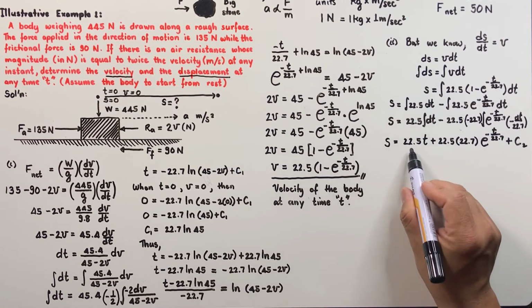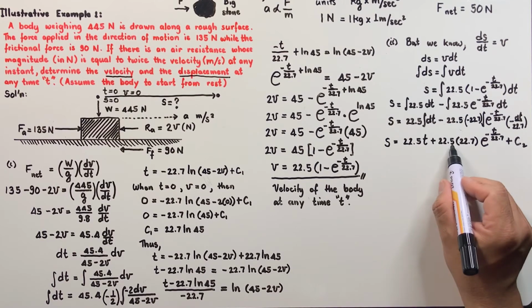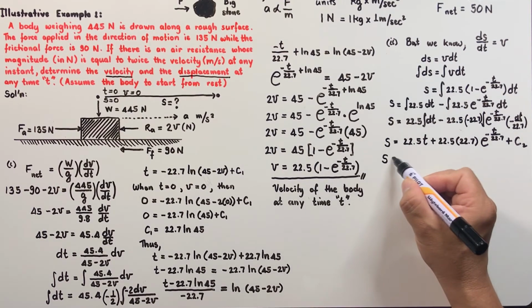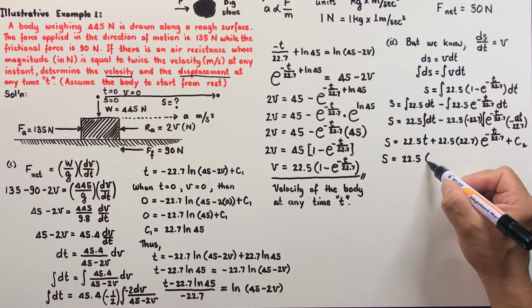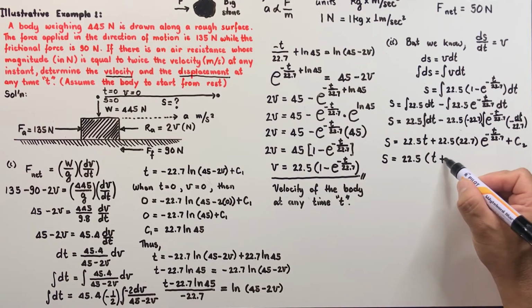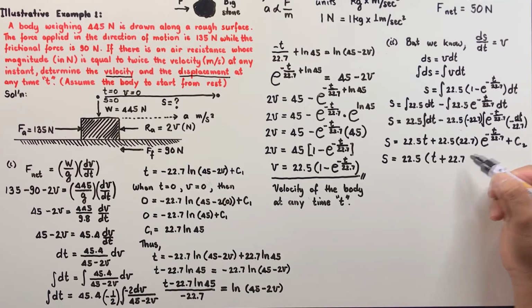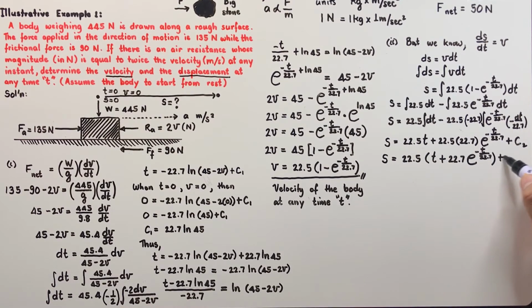So factoring the common constant factor here, which is 22.5, we have 22.5 times t plus 22.7 times e to the power of negative t over 22.7, plus the constant of integration c sub 2.